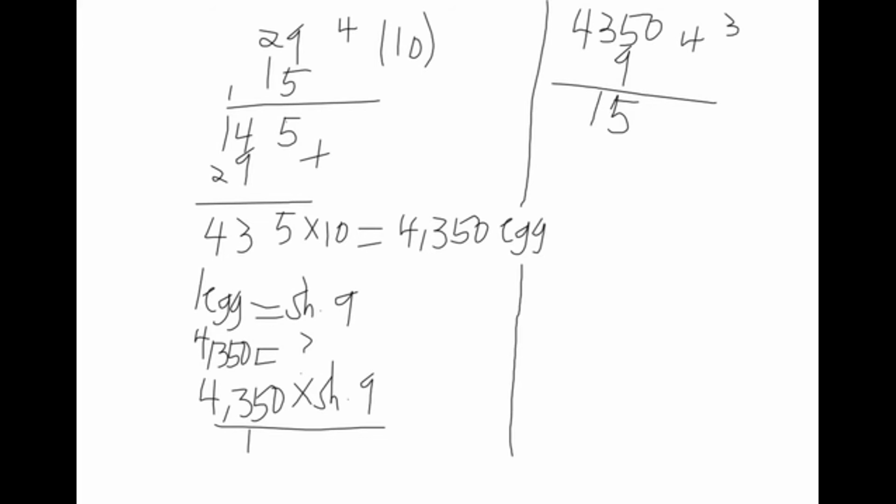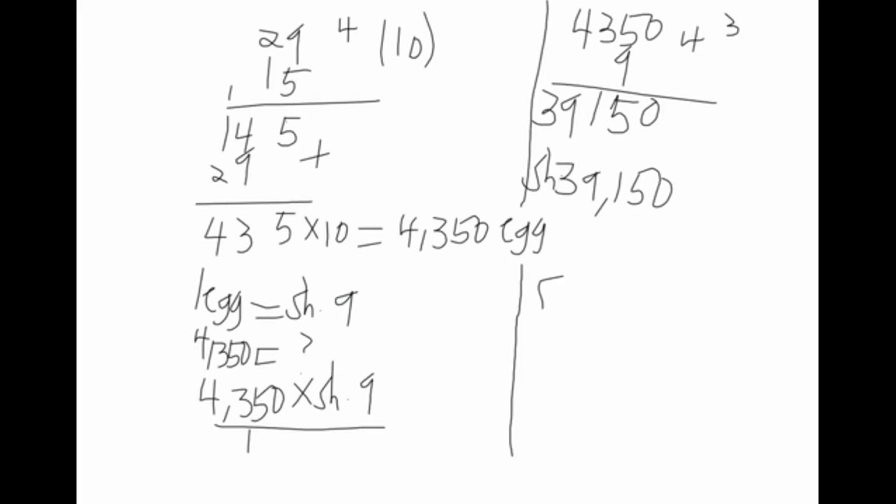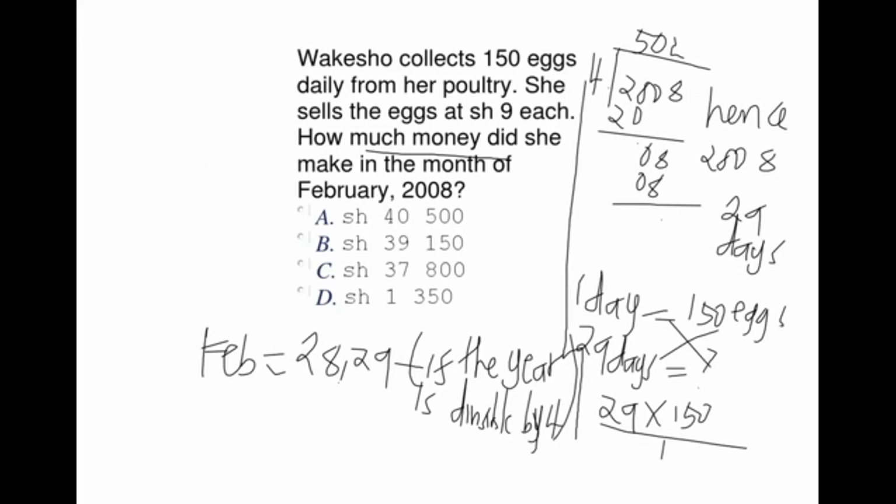We carry 3. 9 times 4 is 36, plus 3 is 39. Then we have the 0. So we have 39,150 shillings. So the question was, how much money did she make in the month? So she made a total of 39,150 shillings that month.